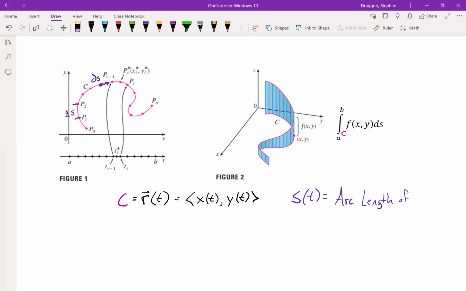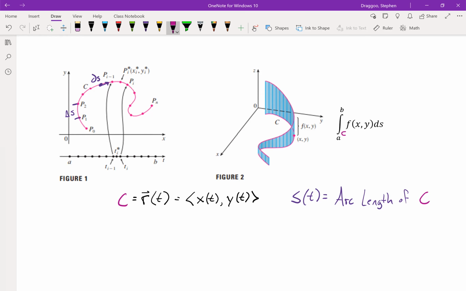C is just the name we're giving to the curve. r is the parametric function that actually describes C. And then s is going to be its arc length, which is going to be helpful to us because it tells us how we should be moving through space, so we can have that ds that tells us how to move through this curve. So we have that piece for our integration.